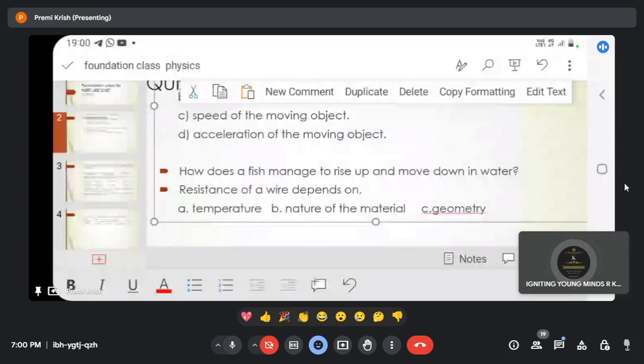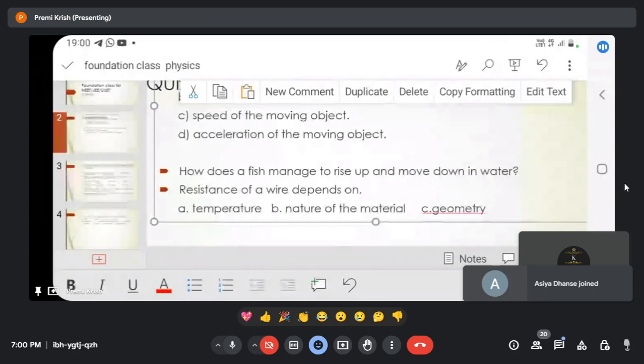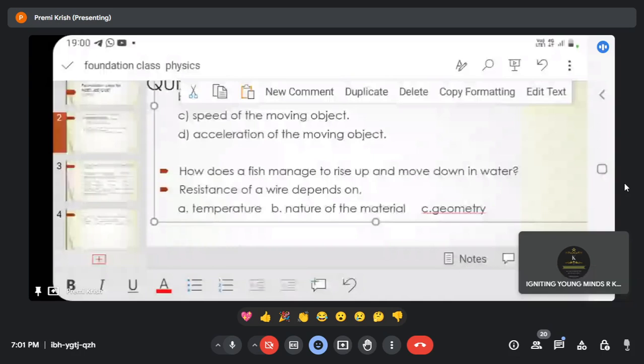It depends on temperature, it depends on the nature of the material, it depends on the geometry of the material. For example, if it is plastic, its resistance will be higher, and for steel or iron, the resistance will be lower. Resistance is directly proportional to the length. We know the formula R is equal to resistivity into length by area.